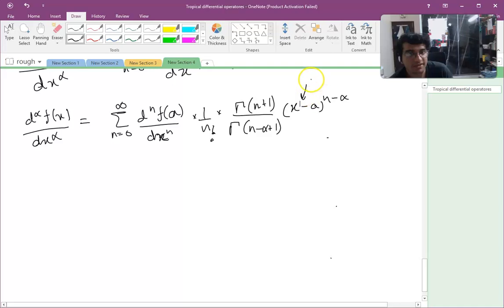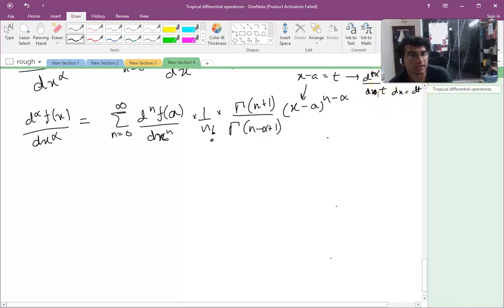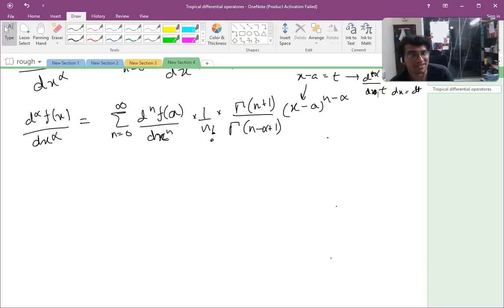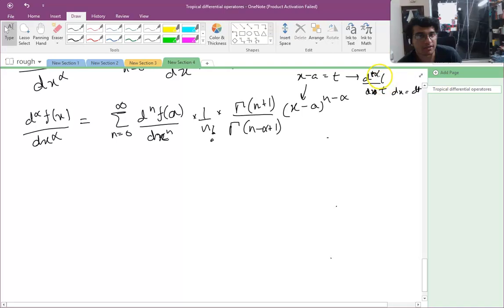The reason why it's x minus a is that I take a variable change, letting x minus a equal t, and then similarly I take d alpha by dx alpha. dx is equal to dt only. So if I substitute that, I just get t to the power of n over here. That's why it's still x minus a.